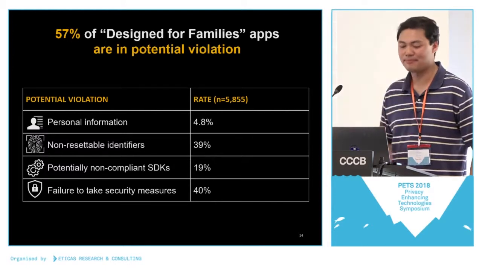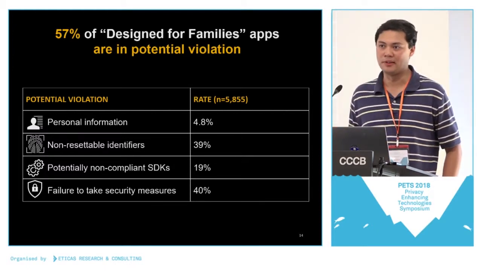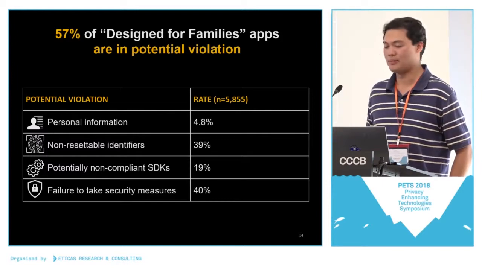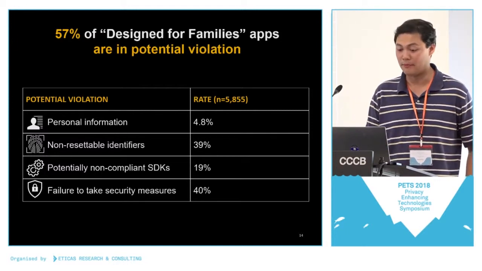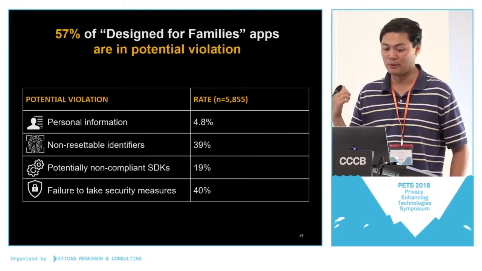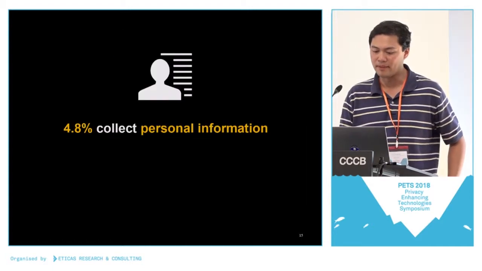Now, note that these percentages don't add up to 57%, and that's because many apps were actually observed committing more than one of these. So for the rest of this presentation, I'm going to go over the details for these.